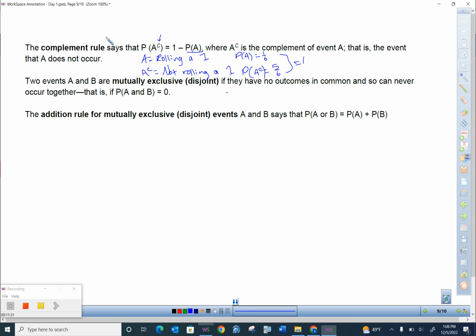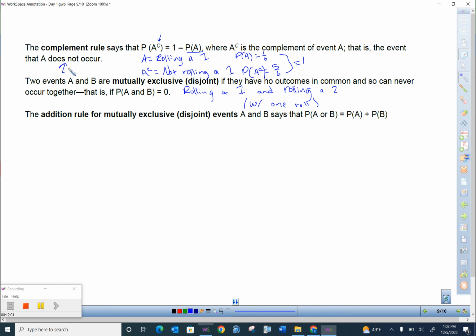Okay. 2 events are mutually exclusive, or disjoint, if they have no outcomes in common. So this could be like rolling a 1 and rolling a 2. Assuming you are only rolling 1 die, these cannot happen at the same time, which means they are mutually exclusive.